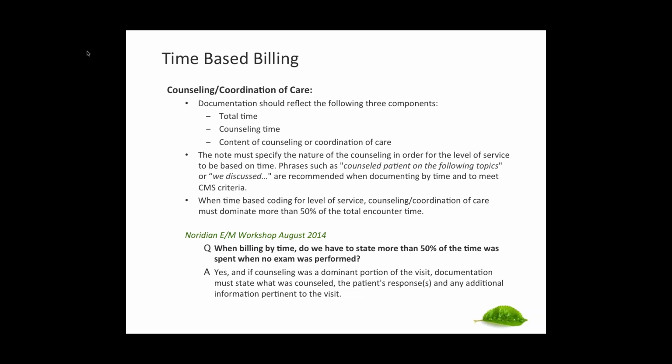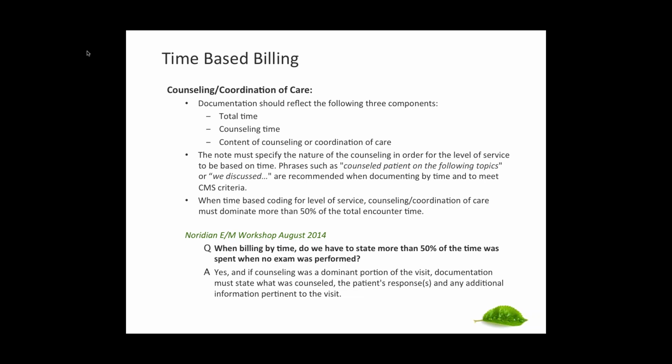So as that follow-up visit, you can look at it first maybe on the audit sheet to say, based on the elements of today, maybe this was a level 2, just based on the E&M elements. But for this follow-up visit, the physician documented the 20 minutes, and more than half of which was spent doing the counseling.